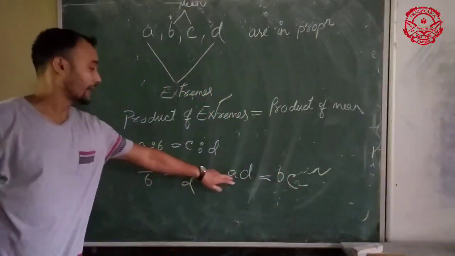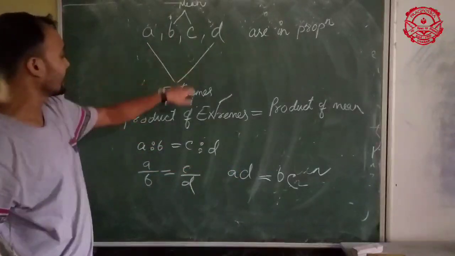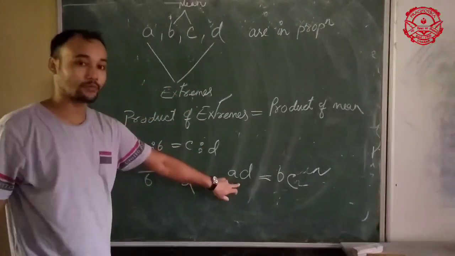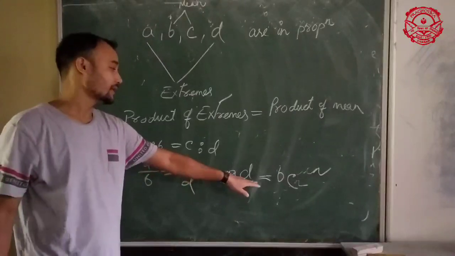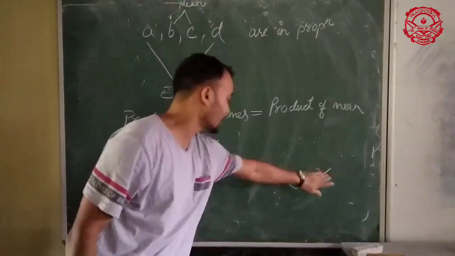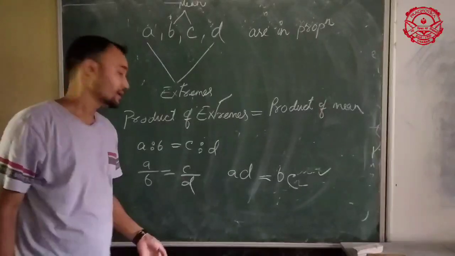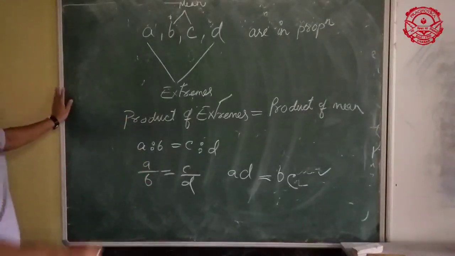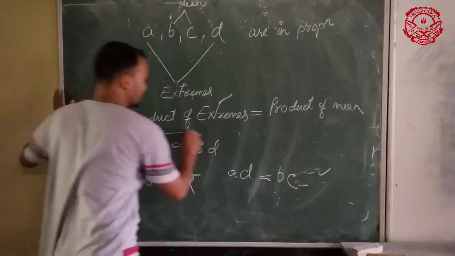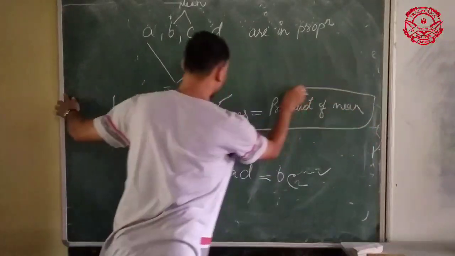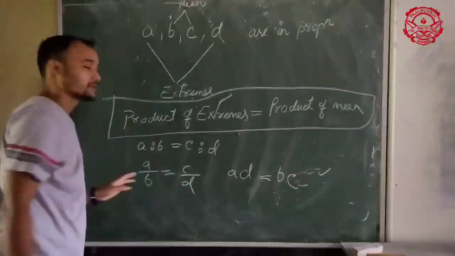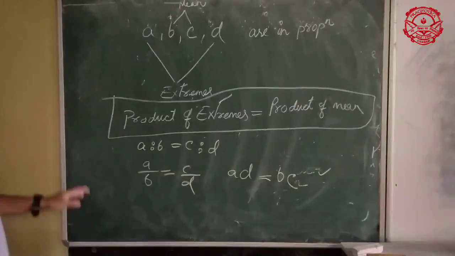A and D are extremes, so we have the product of the extremes, and B and C are the means, so the product of the means. By using this formula, we can calculate some numericals within a short period of time. I hope you understand this.